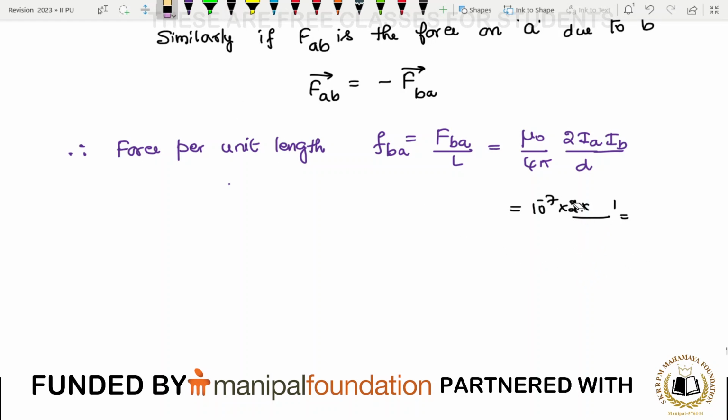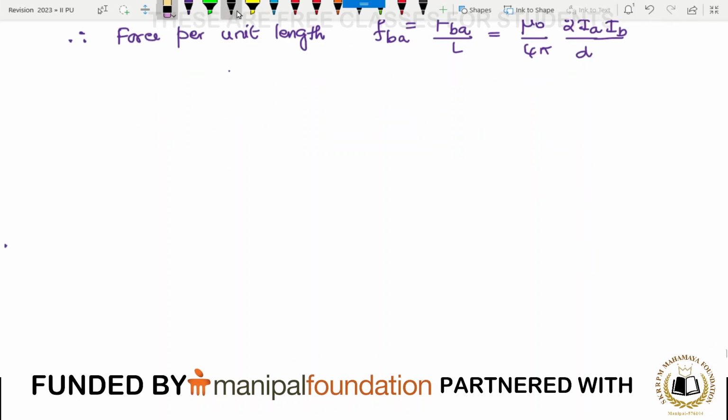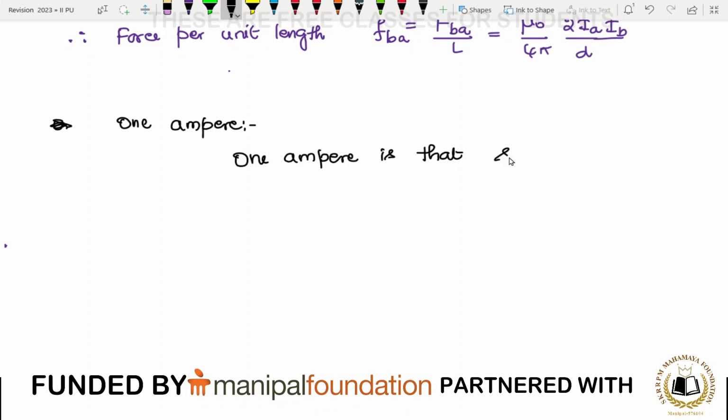Now we'll write the statement. 1 ampere definition. 1 ampere is that steady current.